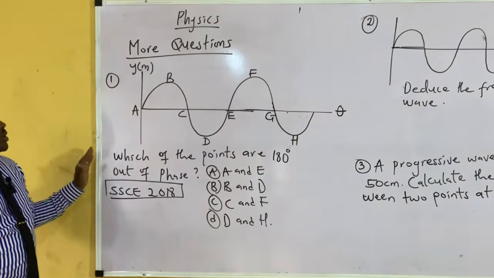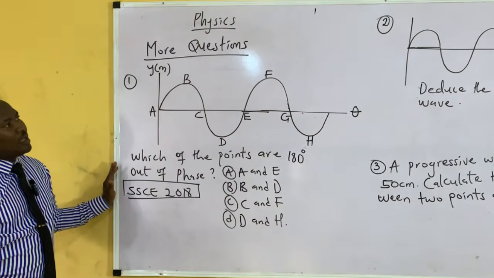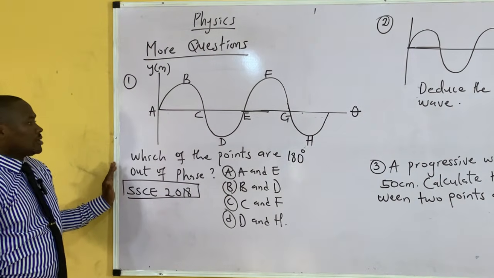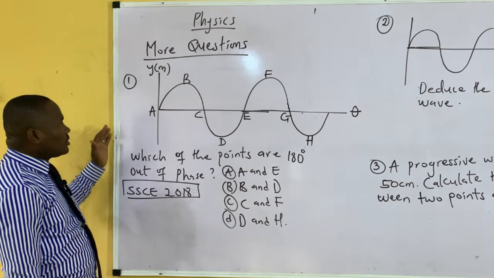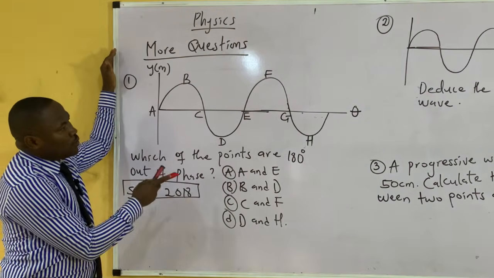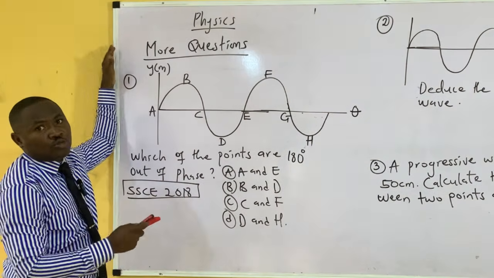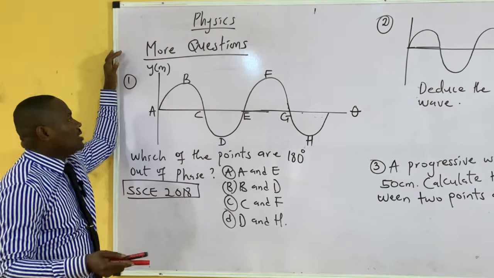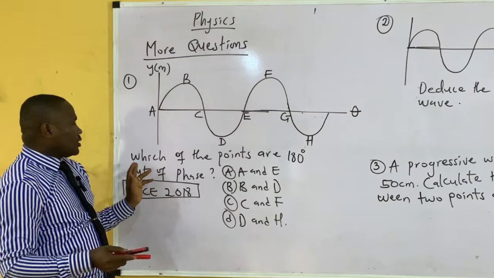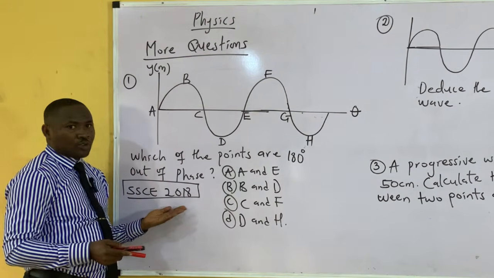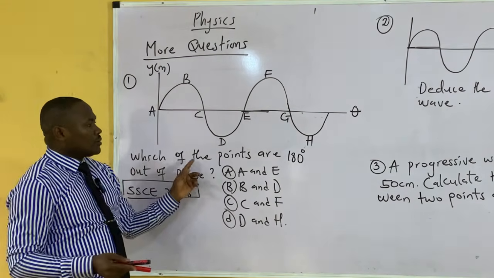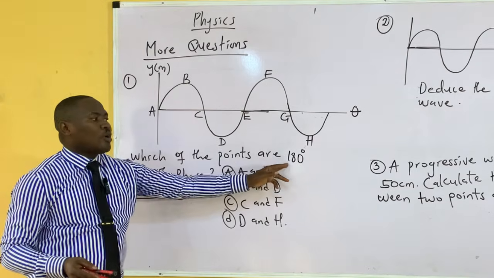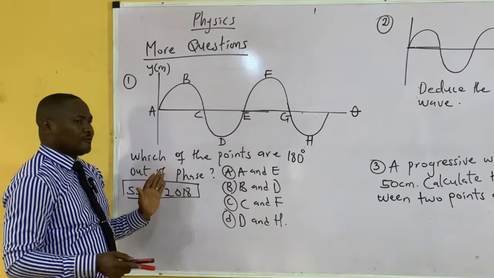Okay, I'll be looking at more questions. Number one, we're looking at a question referring us back to particles in phase and particles out of phase. For instance, the question, an SSCE question from 2018, said: which of the points are 180 degrees out of phase?